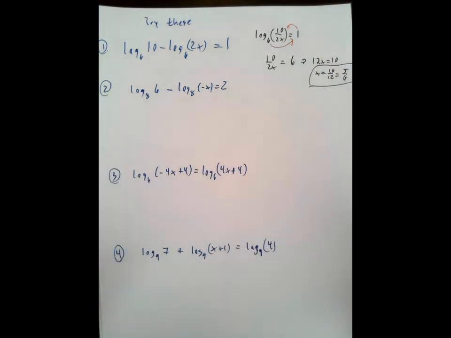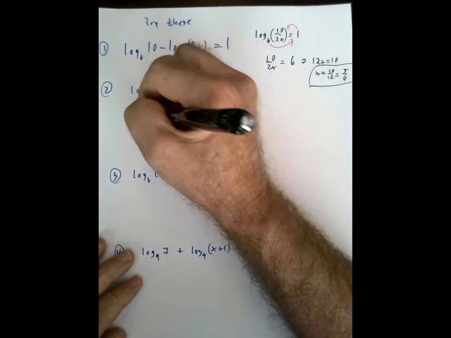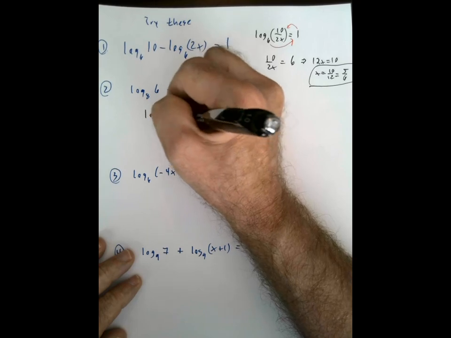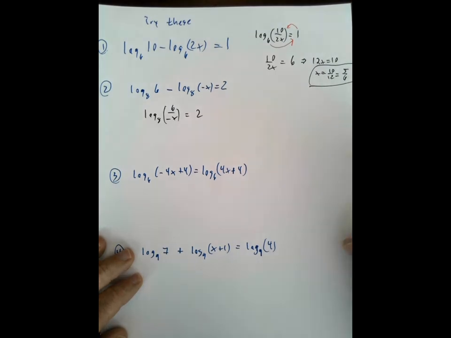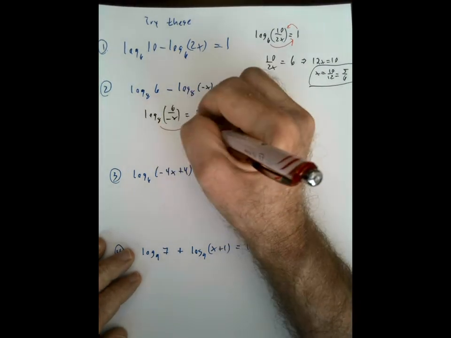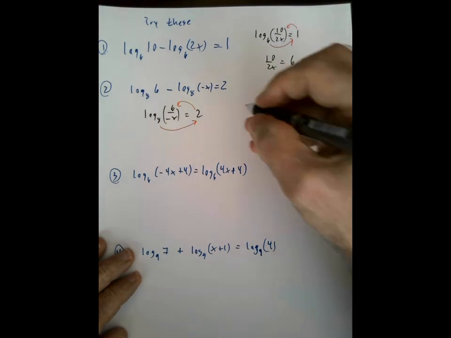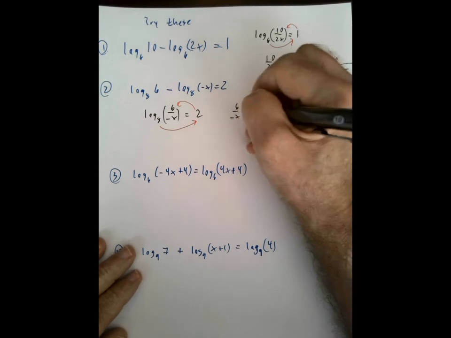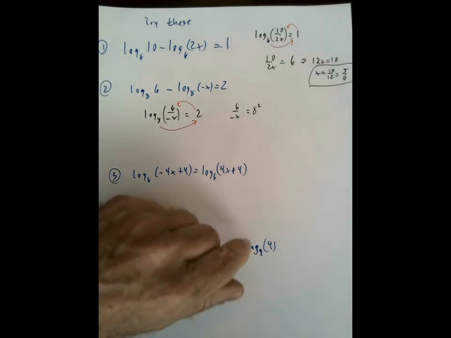This one here, again, we're going to combine through division, right? So this is going to be log base 8 of 6 over negative x is equal to 2. So again, 8 to the 2 is equal to whatever is over there. So 6 over negative x is 8 to the second power, which is, of course, 64.